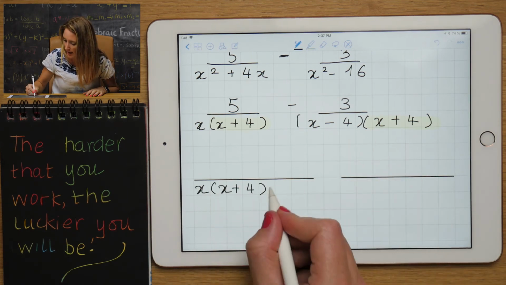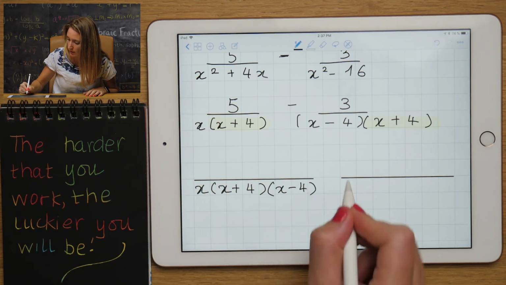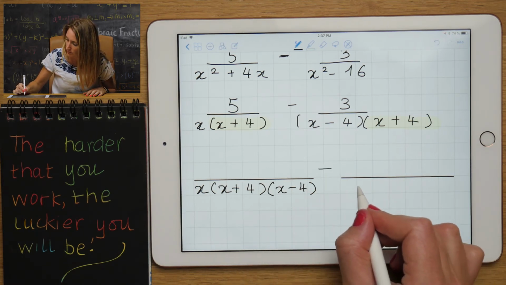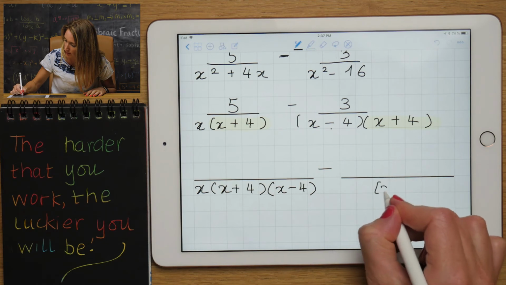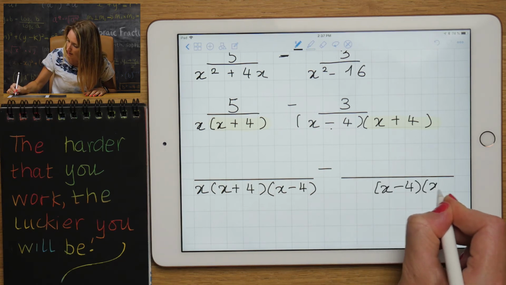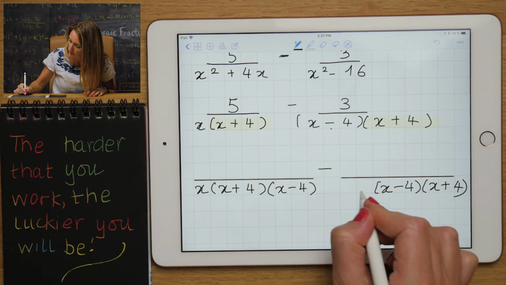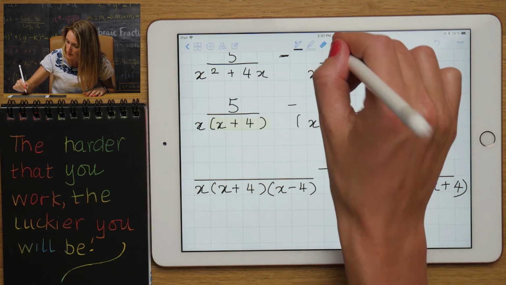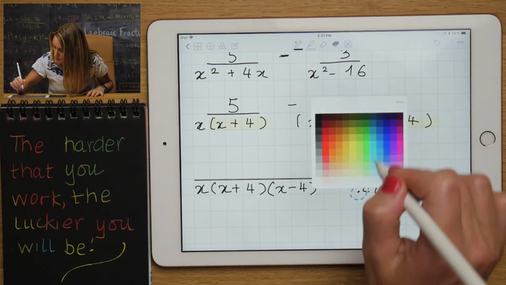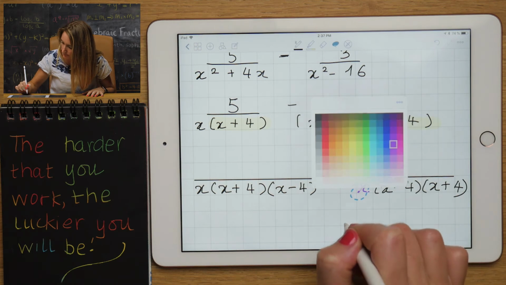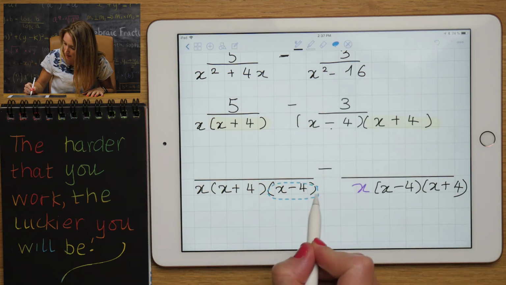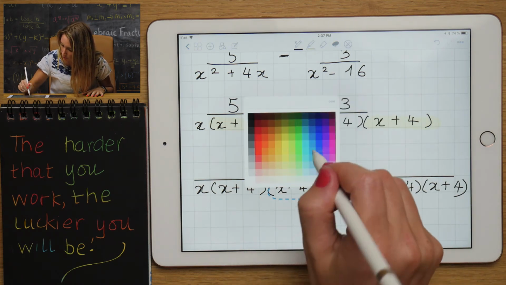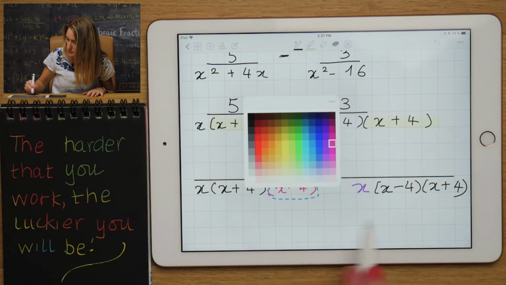So I add the x minus 4 to it, and over there, this one's got the x minus 4 and the x plus 4, but it doesn't have the x. So I'm going to put these in different colors. This one here, I've added the x in, and this one here, I've added the x minus 4. So you want them to match.